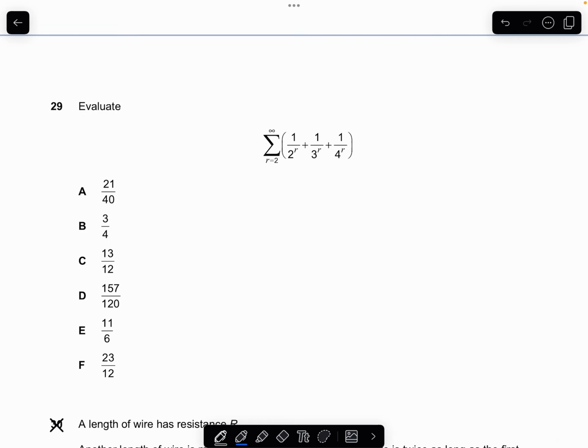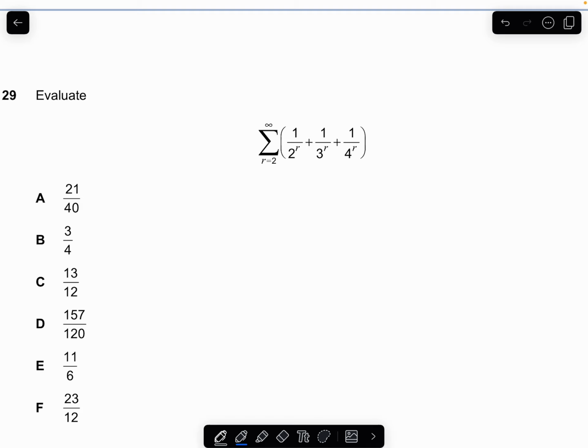Evaluate this, okay? So integrate them by parts. No. Just calculate them by parts. The first part. This is part.